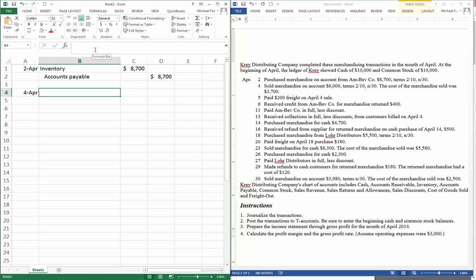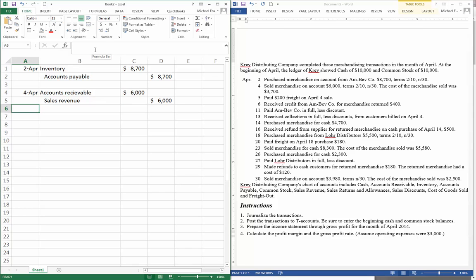Anyway, that's better. All right, so we're going to show accounts receivable because we sold it and they owe us $6,000. And we're going to show sales revenue of $6,000.